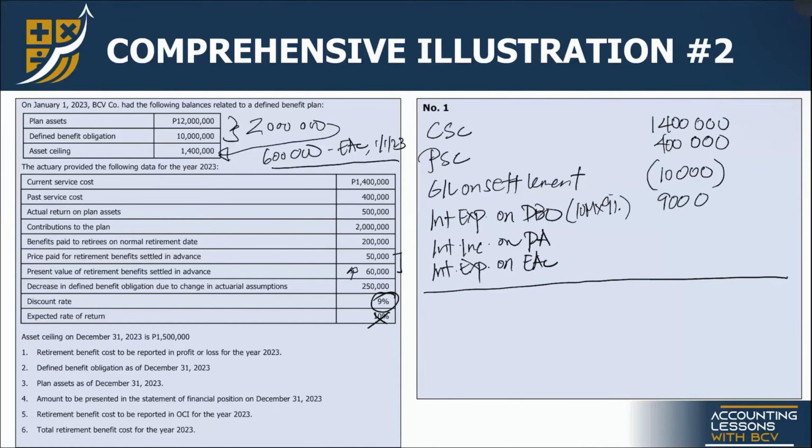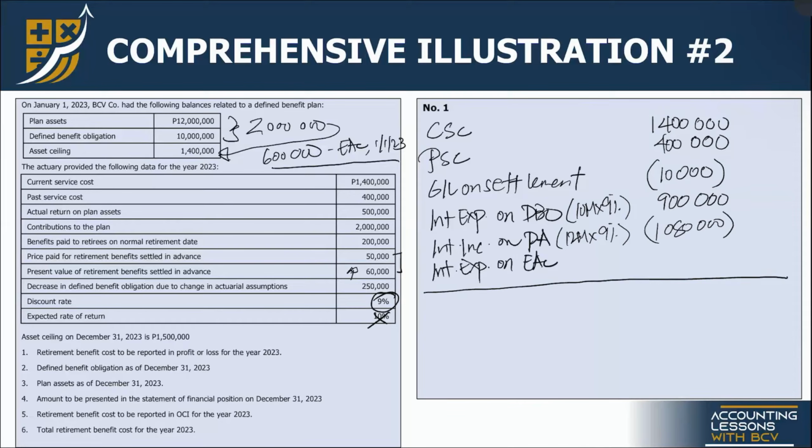Mag-add tayo 900,000. Interest on plan assets, 12 million times 9%, 1,080,000. Don't forget, dahil income yan, deduct natin.